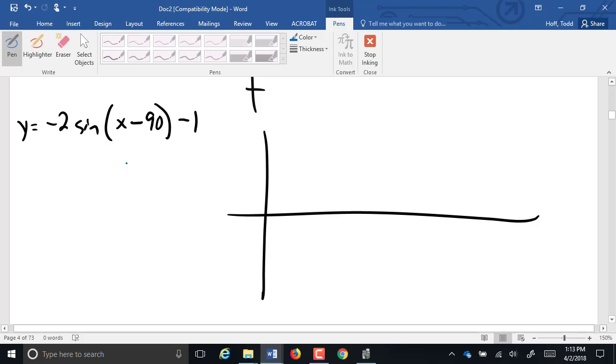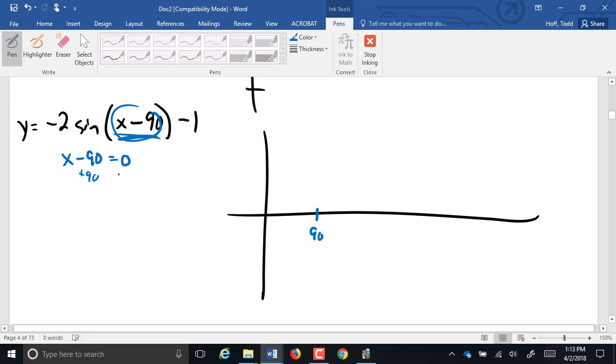Well, let's see. We're going to start with our phase shift. So starting at 0, we're going to start at what would normally be negative 90, right? So our 0 point is going to be a positive 90. Basically, we're taking what's inside there and solving it for 0. X minus 90 equals 0 means X is going to start at 90.